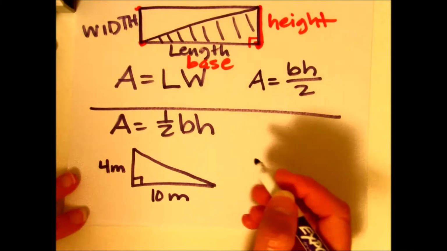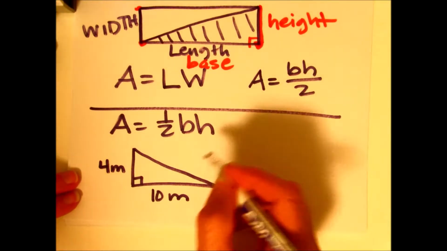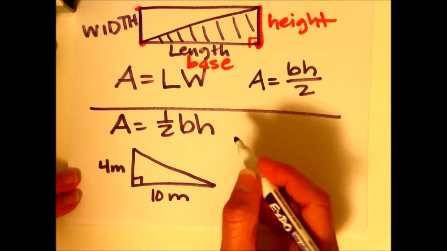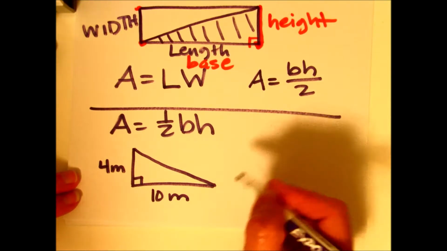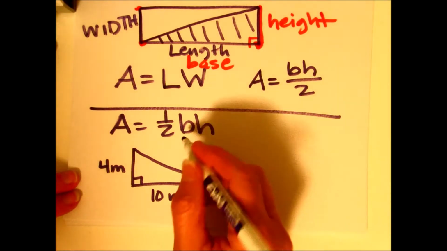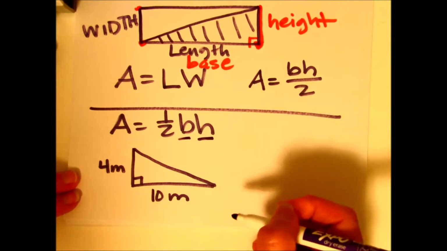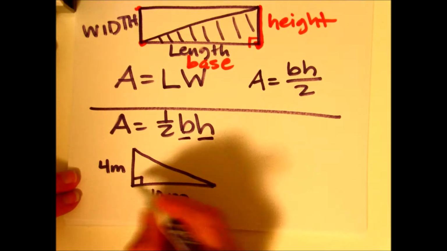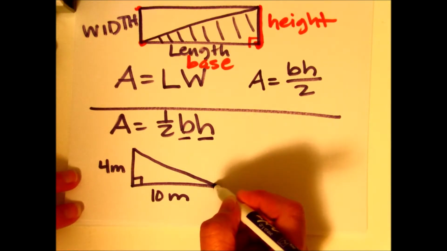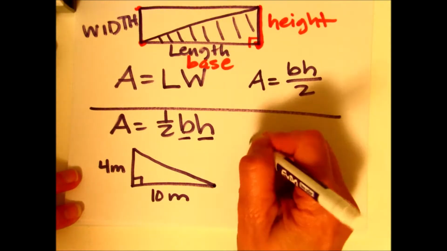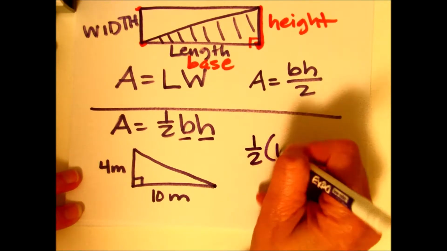So the key in solving or calculating with area formulas is to identify where these variables are in the picture or with the information that's given. I know that the bottom of the triangle is the base, so that's going to be 10. So 1/2 times 10.